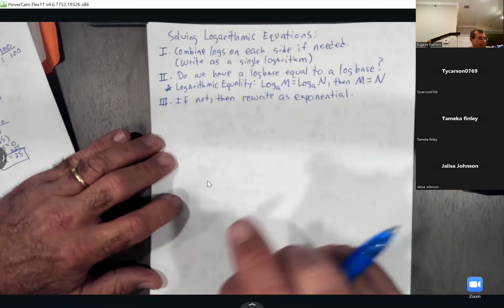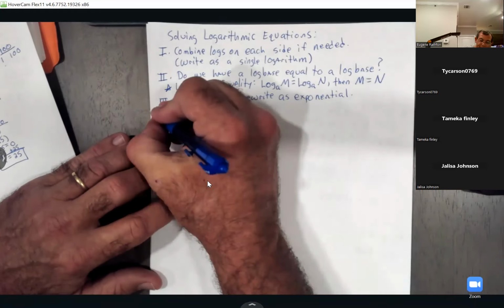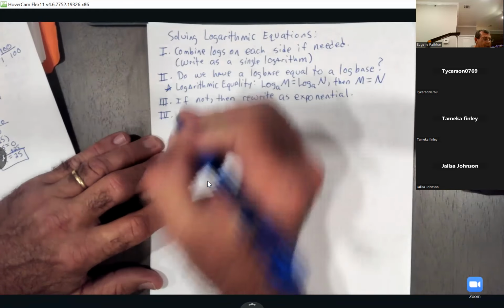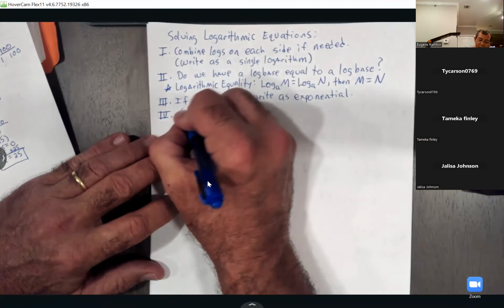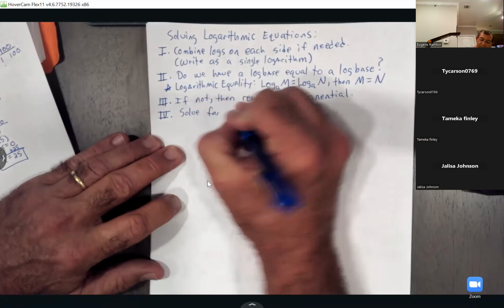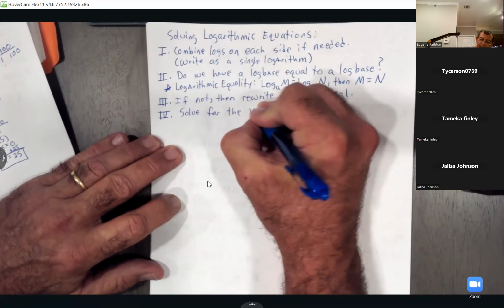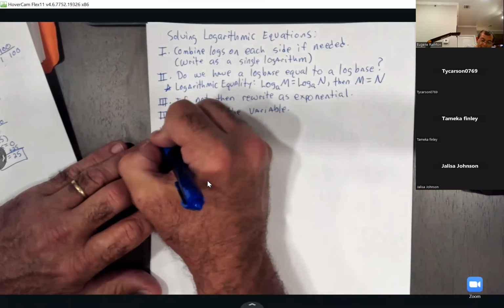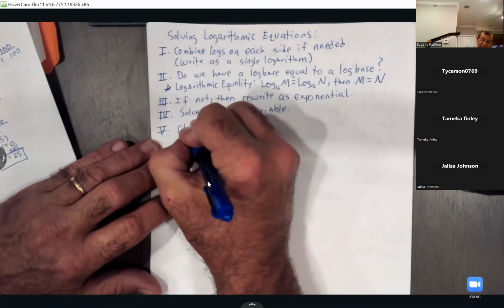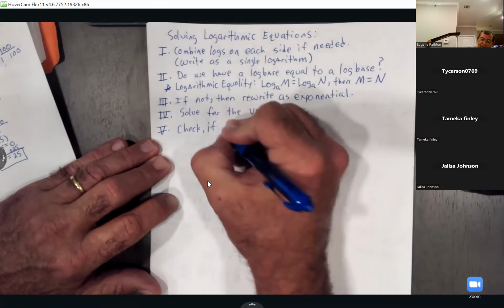And that was in the last section. All right, once I rewrite it as exponential, I'm going to solve for that variable. Then I'm going to check if needed.